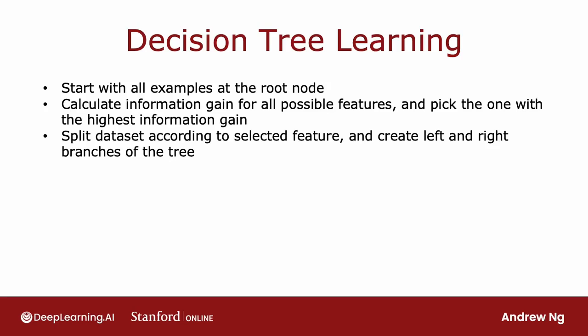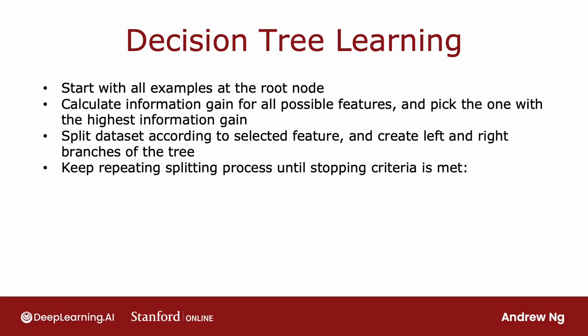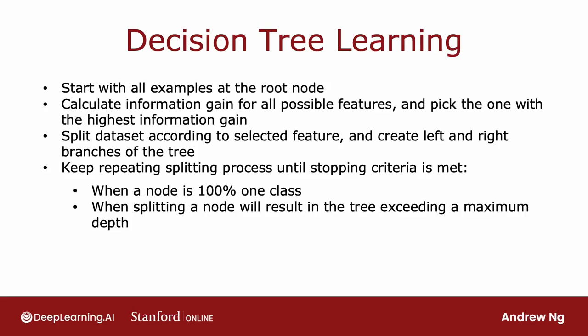After that, you would then keep on repeating the splitting process on the left branch of the tree, on the right branch of the tree, and so on, and keep on doing that until a stopping criteria is met, where the stopping criteria can be when a node is 100% a single class, so when it has reached entropy of 0, or when further splitting a node would cause a tree to exceed the maximum depth that you had set.